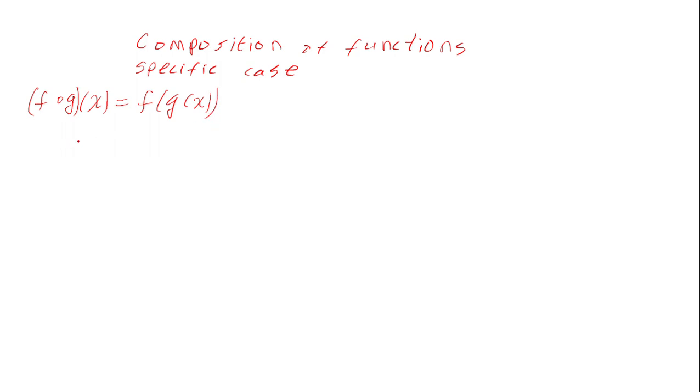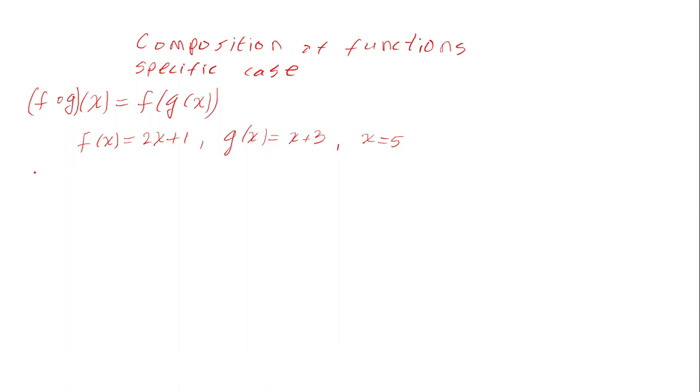So if we have two functions, for example, f of x equal to 2x plus 1 and g of x equal x plus 3. And since we want to do something more specific, let's say that x is given and it's equal to 5.